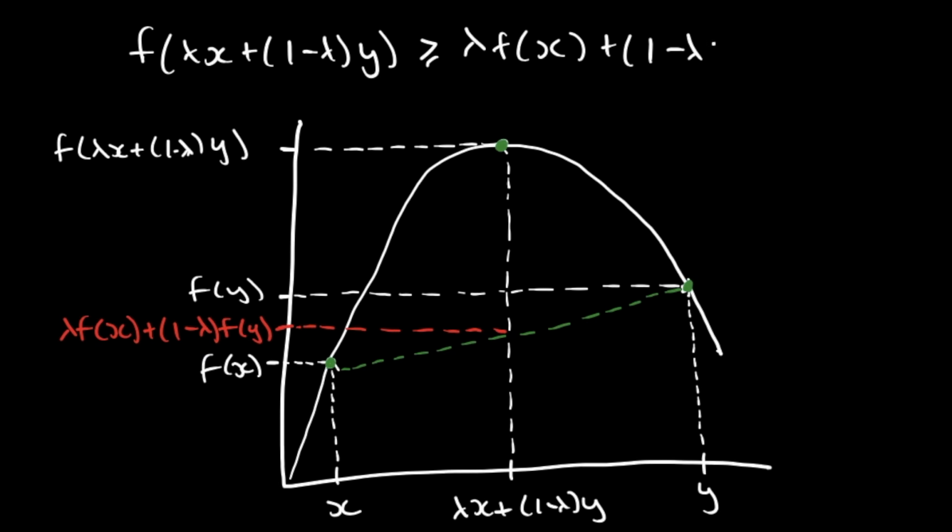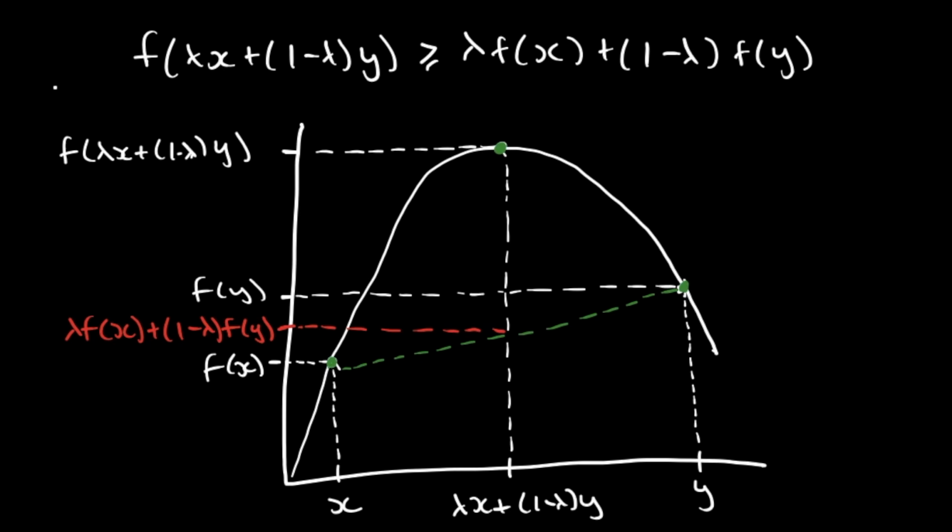In order to understand this a little bit better, we can test this. We can put this definition through some tests to see if it holds up. So let's put this definition that we went through at the beginning, that I said was the definition of a concave function, through some tests using our example that I've drawn below.